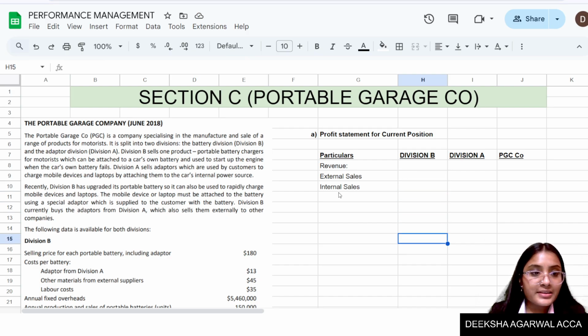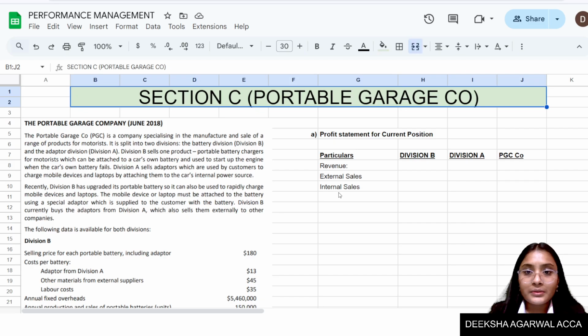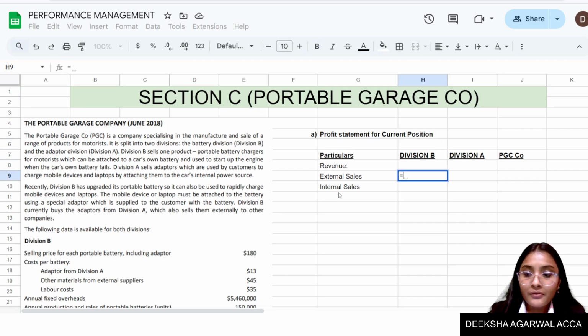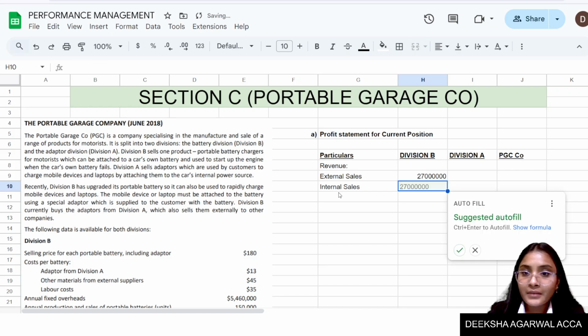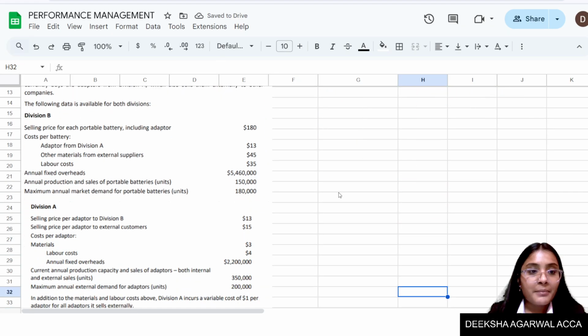How much are they buying? See, the selling price is 180. Their annual production and sales is 1,50,000. So it's 1,50,000 into 180. Simple.